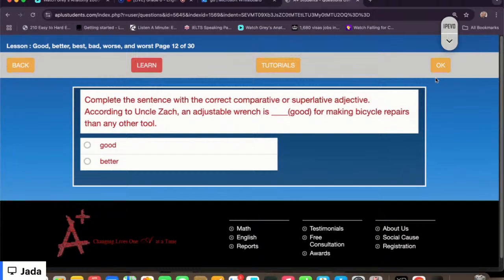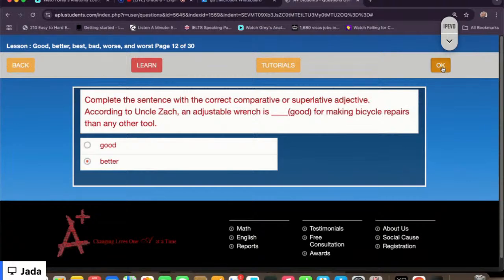Good or better? All right, so we have better.